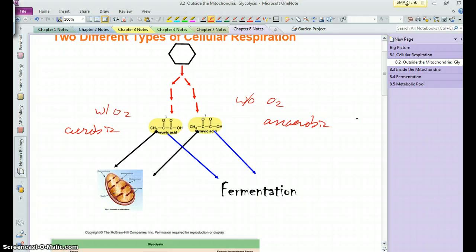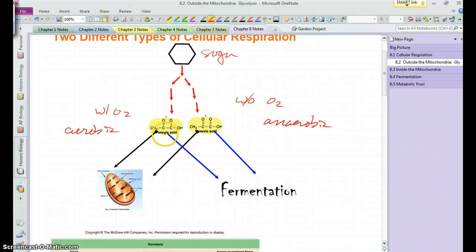In either case, it starts with glycolysis. And glycolysis is where we take this sugar, this organic molecule, and we break it down into pyruvate or pyruvic acid, as we saw in the previous section.